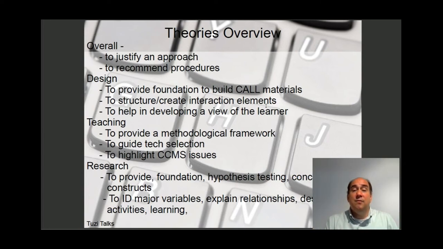It's going to help us develop a view of who the learner is. Is the learner just in his mind trying to find input or intake, or is he going to need that other person, or is it more of a constructivist way of doing this? What types of software are you going to be building? Are you building software that requires interaction? Are you building software that requires no interaction with other people, just interaction between you and the screen?